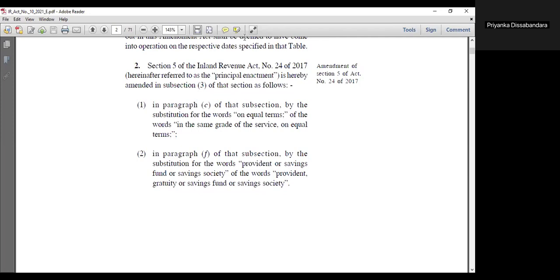If you have a question, you can ask, because I am going to remove this sharing and I am going to share the principal act. ප්‍රශ්නයක් තියෙනවා නම් ඉක්මනට අහන්න. නෑද? ඔන්න මම අයින් කරනවා.